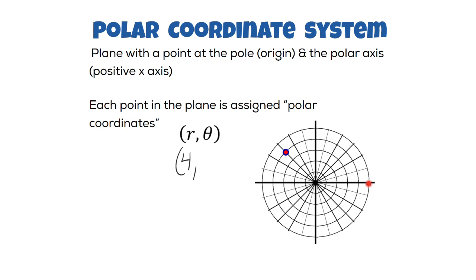So right here, you're at 0. You get up here to 90. And we end up right here at 135. Though most of the time we're going to be in radian measurement. So instead of 135, I'm going to call that a 3 pi over 4. And so instead of an x comma y, we have an r comma theta. And that's what we would call the polar coordinates.